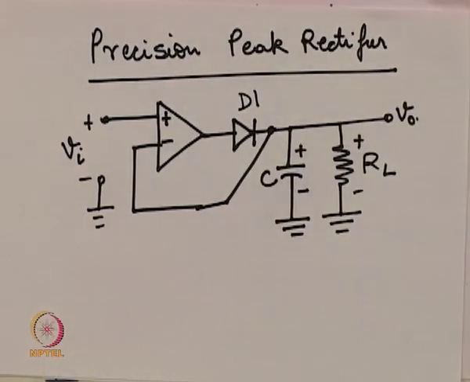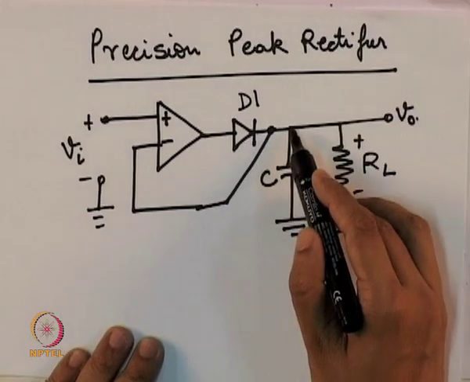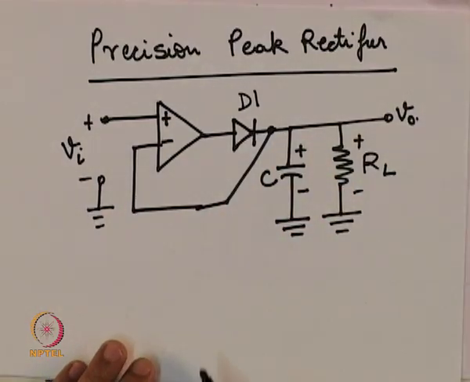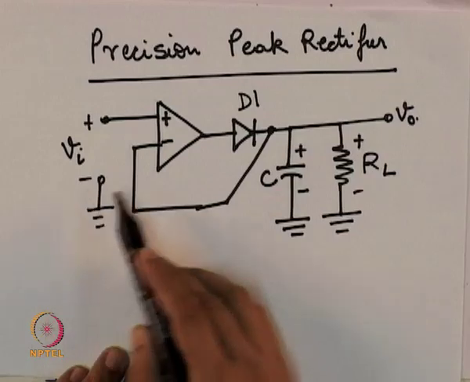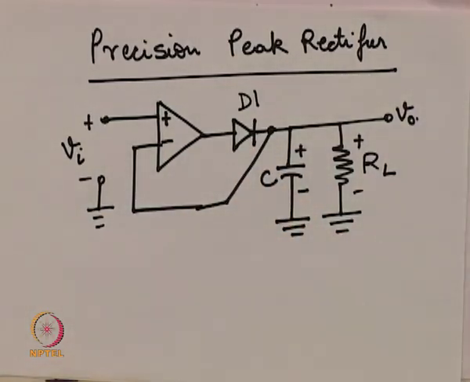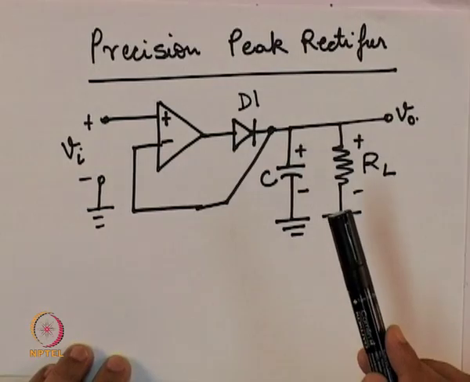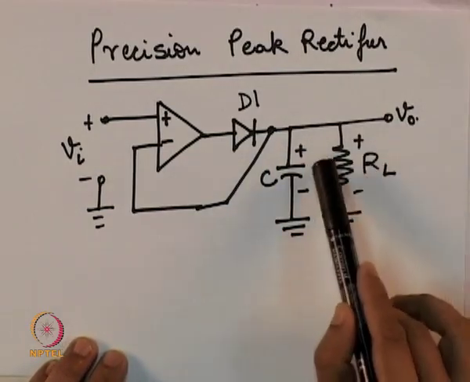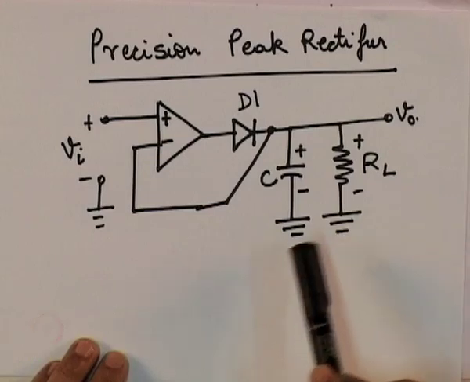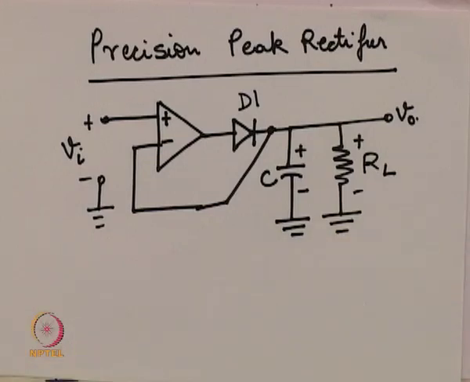Even when Vi is lesser than the threshold voltage of D1, we will get an output which is proportional to the input. Of course, for Vi being negative, this diode D1 will be in the reverse bias mode, and therefore, the output voltage here will be 0.